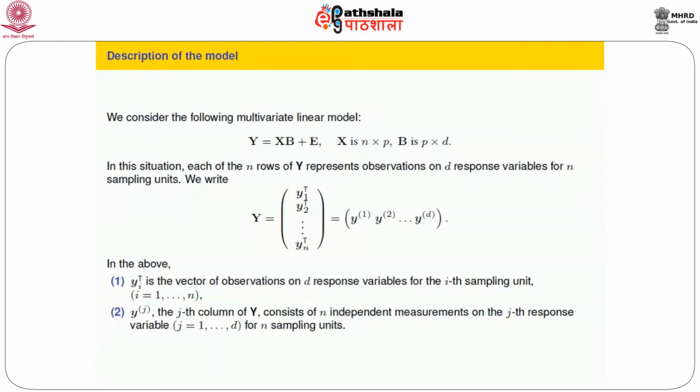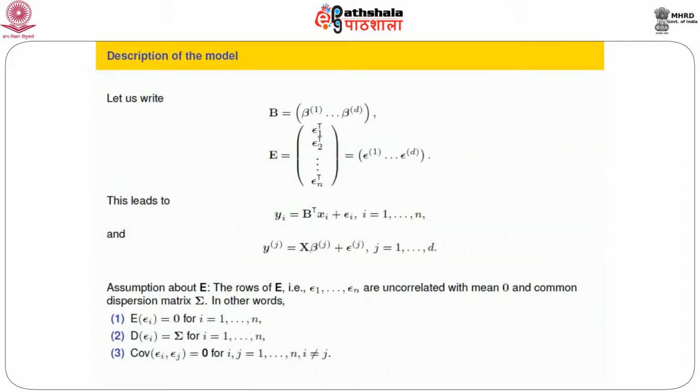We have seen it before, but it is necessary to remember these aspects. Let us write the capital B matrix in the form beta superscript 1 through beta superscript d, and E in the form epsilon 1 transpose through epsilon n transpose, the rows.